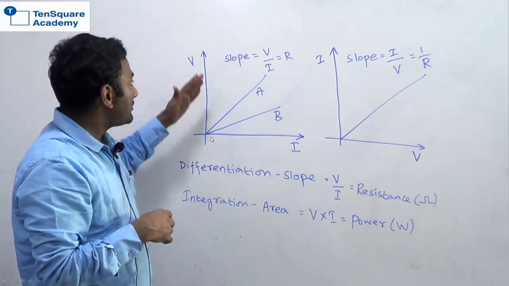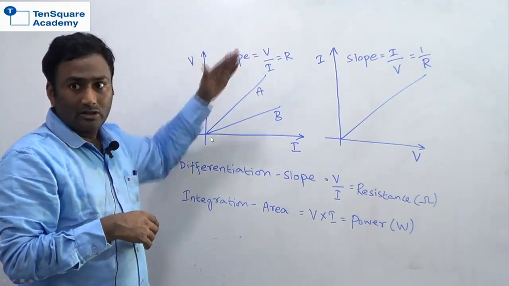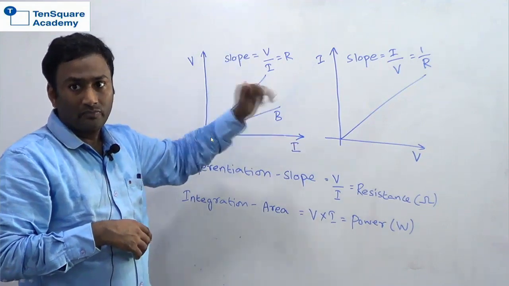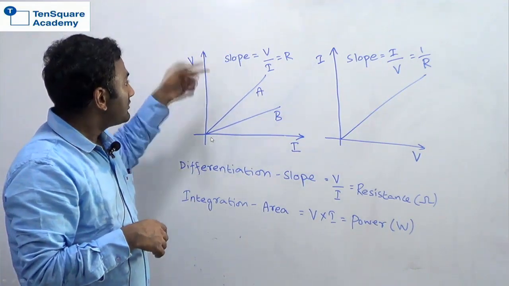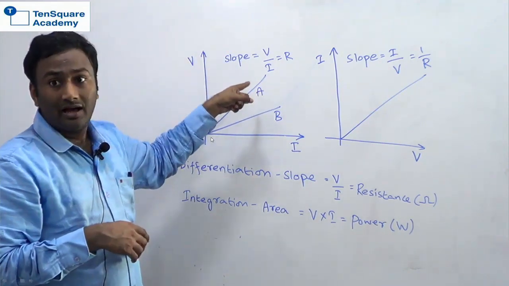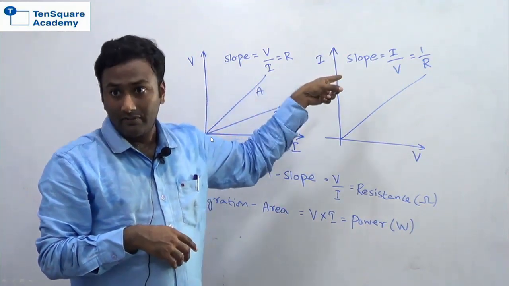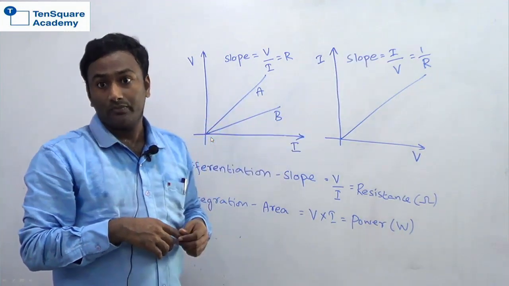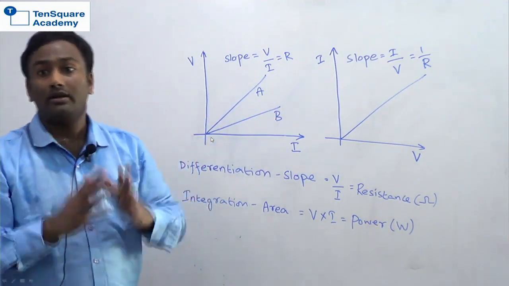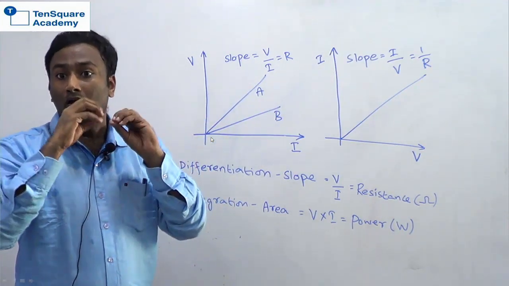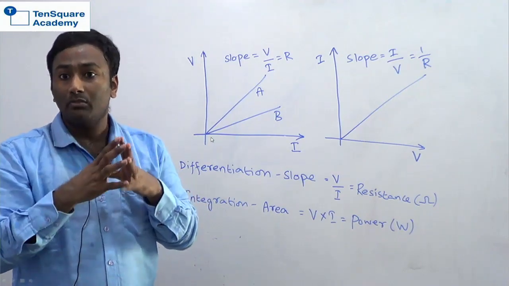Slope value obviously is more for A. Slope is more for A and less for B. So, A has higher resistance value, and in case if we find the slope in this graph, that will give 1 by R value.